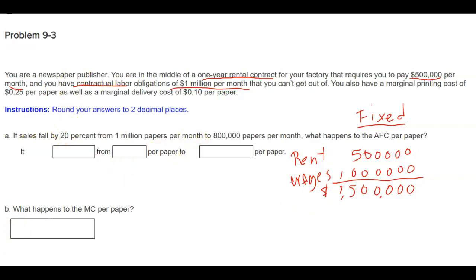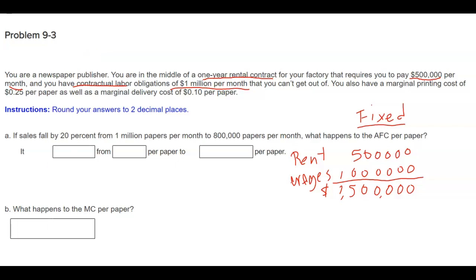Then if we go to A, you have a marginal printing cost. What does marginal mean? Remember that marginal means one additional.